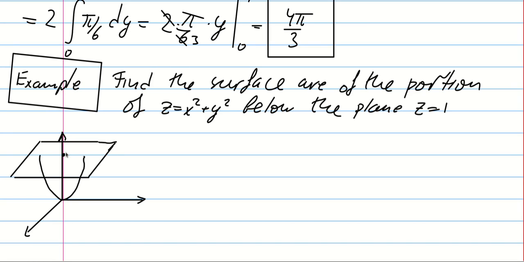So over here we're going to get a circle, and this surface over here is z equals x squared plus y squared, and this plane over here is z equals 1.